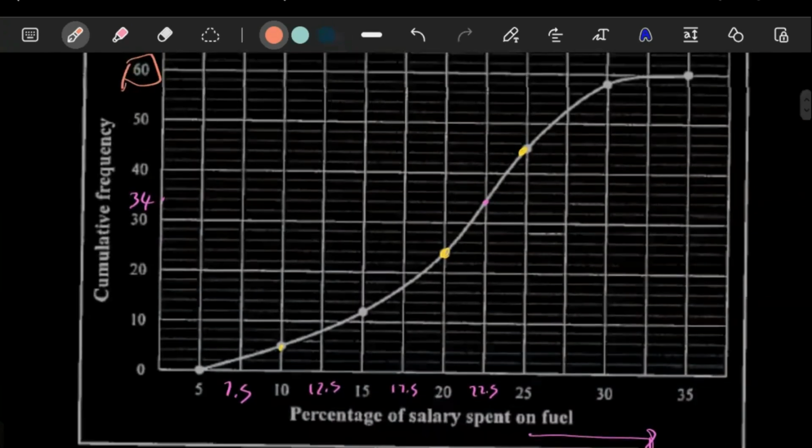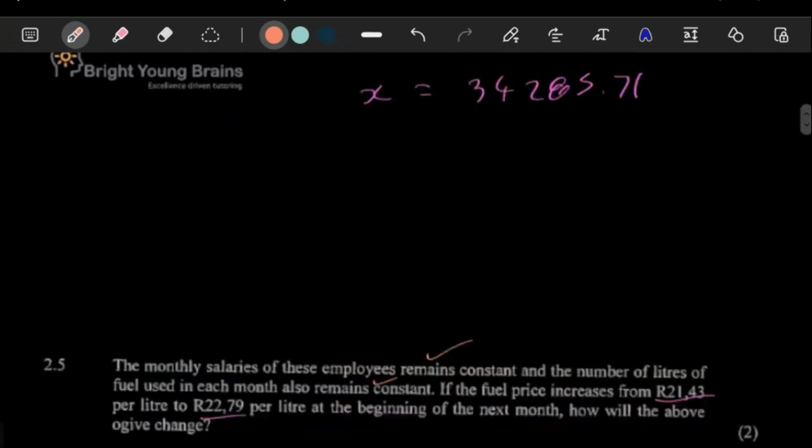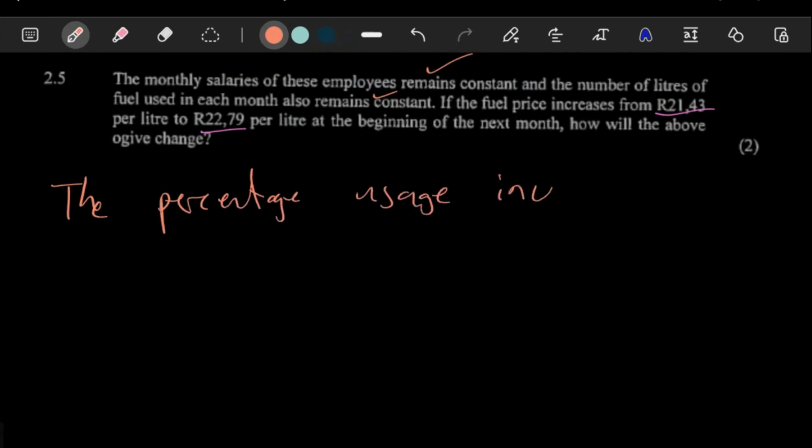That's what your OGIF would look like. It would almost seem as though this entire shape is moving towards the right. The reason why it would be moving towards the right is because the percentage of the salary is increasing. So in this situation, you can just write what's on your mind, but it's an accurate description. You can say here the percentage usage increases, right?